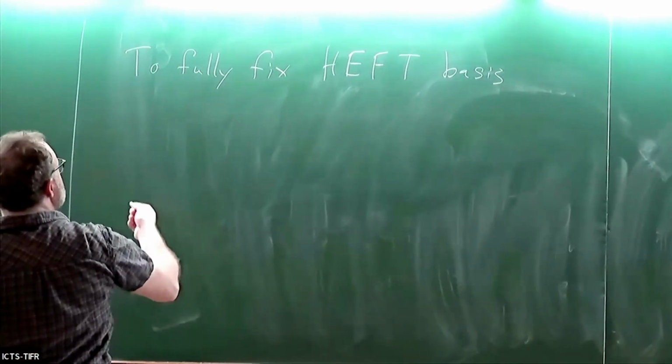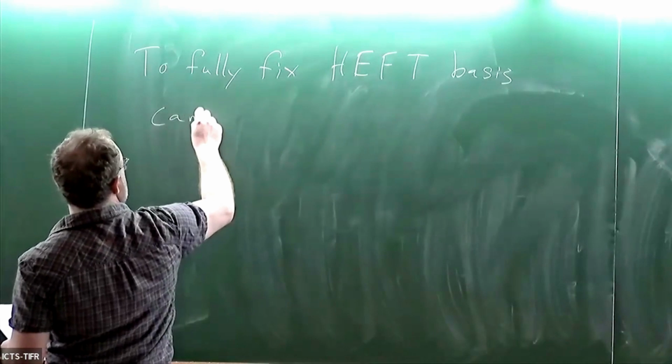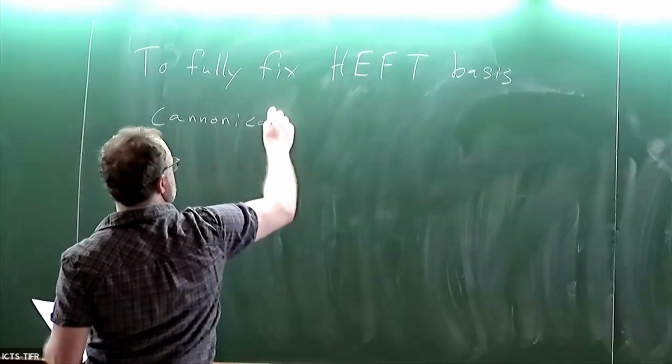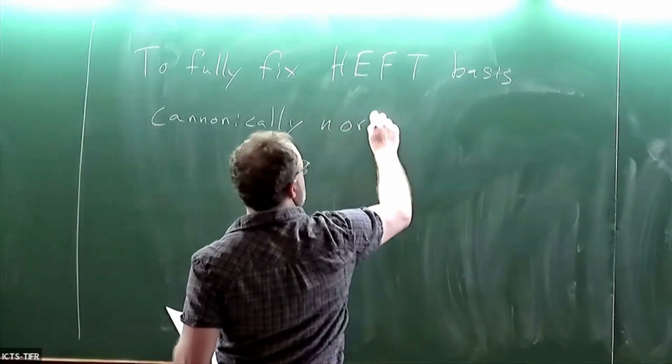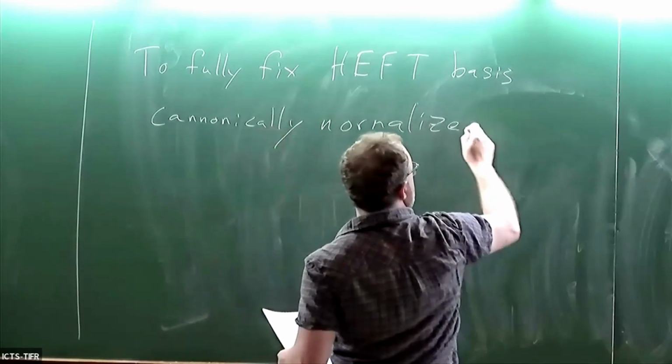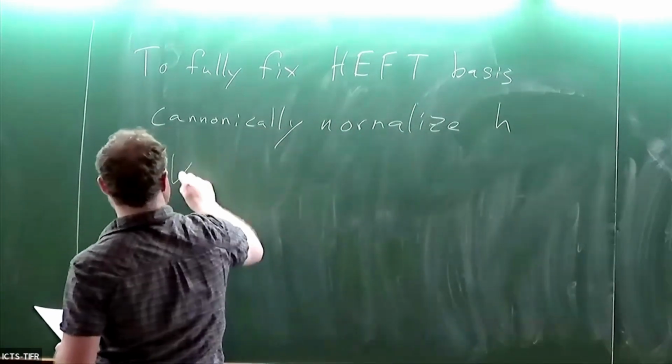A natural choice is to canonically normalize the little h kinetic term.